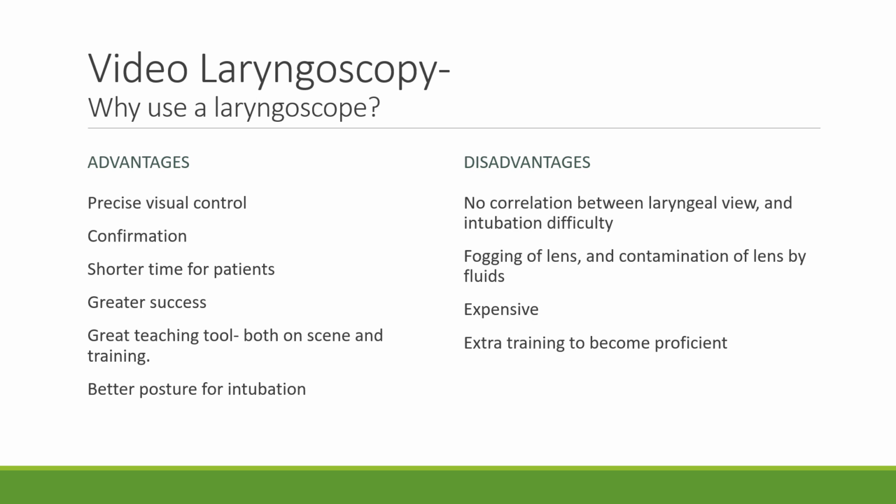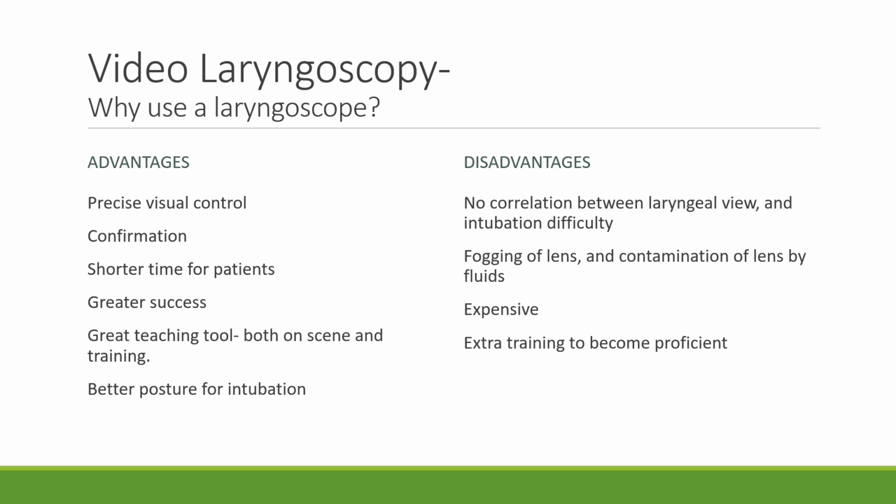In the past, your tube may have been fogged up and contaminated, or your camera would be, but now it's not a big issue, because we're clearing the oropharynx of both secretions and fluid, as well as that humidified air.